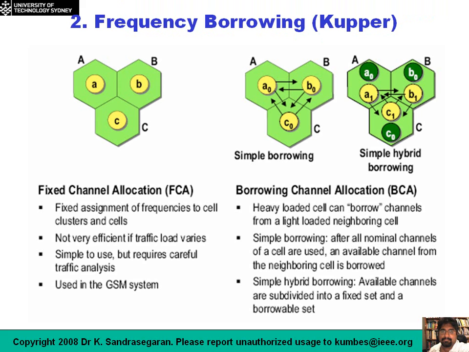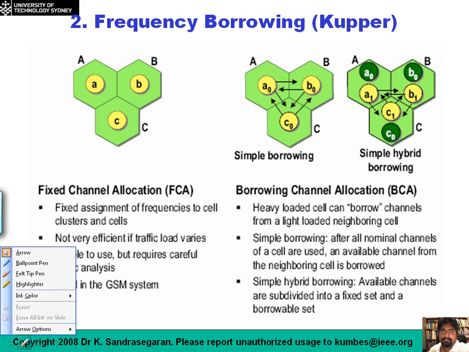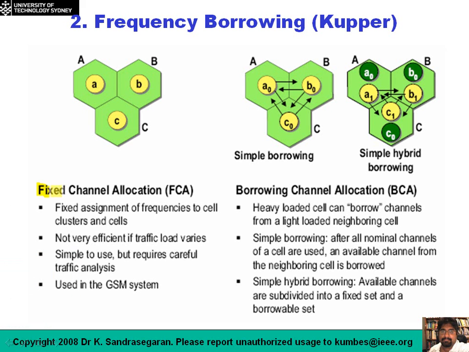First thing is to use something called dynamic frequency assignment. So the earlier way of doing frequency allocation to cells was called fixed channel allocation. Basically what that meant was that each cell had a fixed allocation of channels.